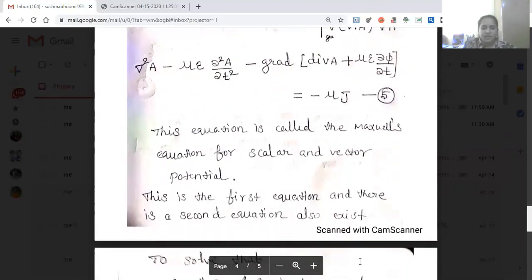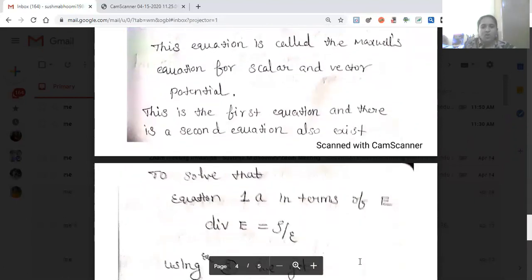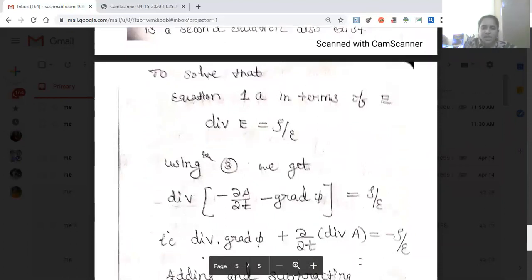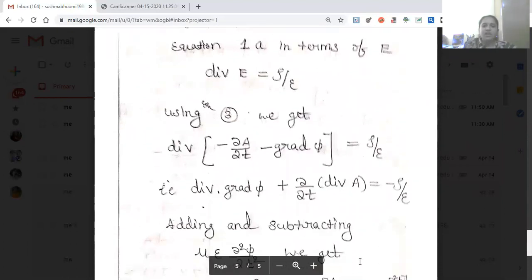So take that equation, which is 1A. So 1A, Maxwell's first equation, we have left out. Through that, we'll get one more equation for scalar and vector potential. So equation number 1A in terms of E. What is that? Divergence of E equal to rho by epsilon.